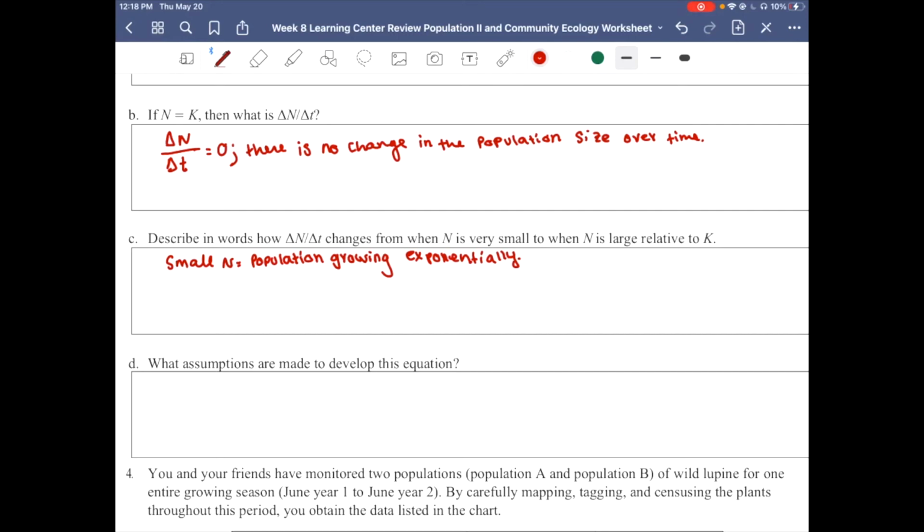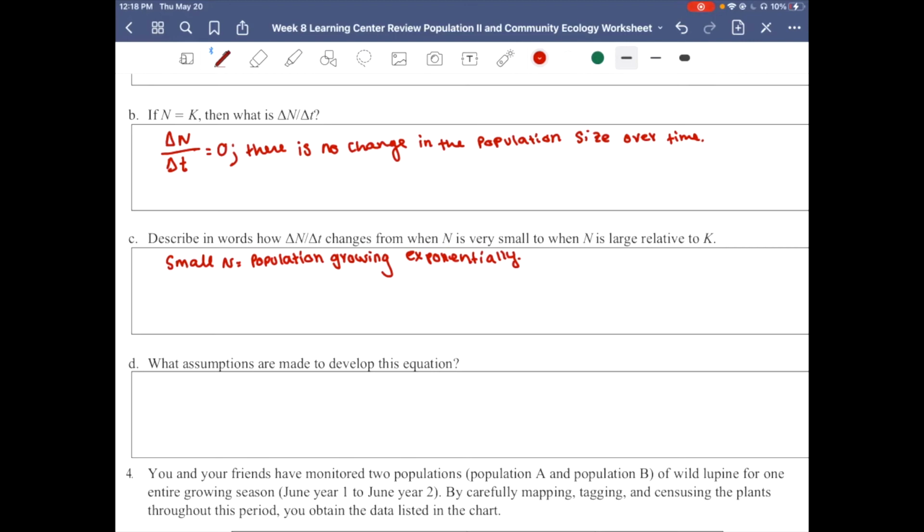It's essentially saying the actual number of new individuals added is very small, but as n nears a value like half of k, then the change is approaching its maximum, and as n approaches k, it's going to decrease.